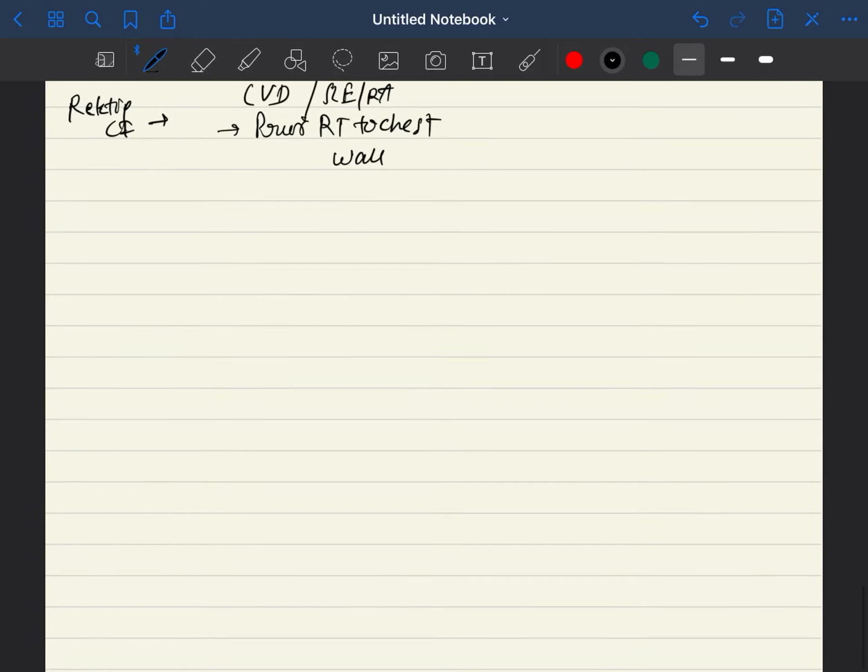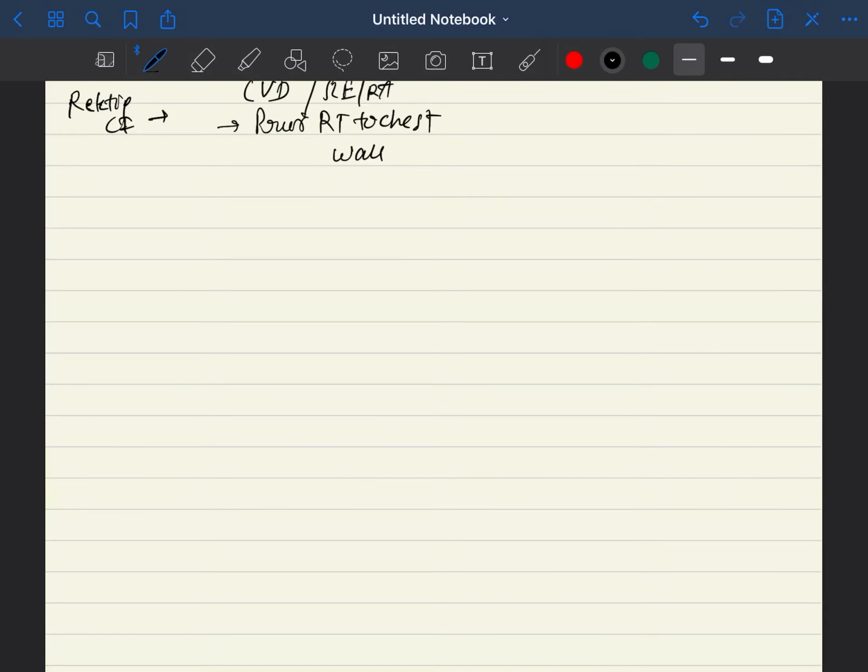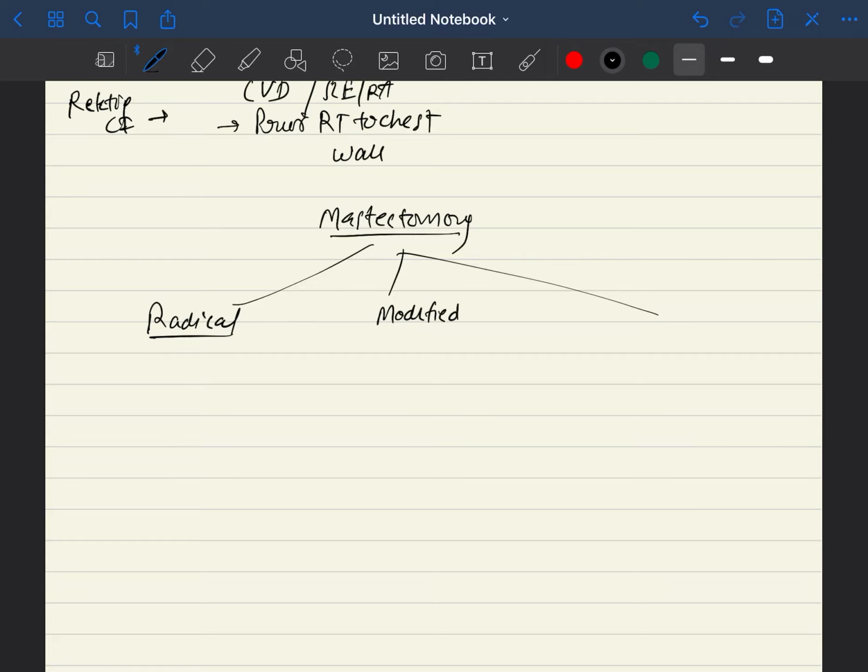All right, now we completed the breast conservation surgery. Now we will move on to the mastectomy. Mastectomy, or removal of the breast, can be of three types. First one is radical, second one is modified, third one is simple.